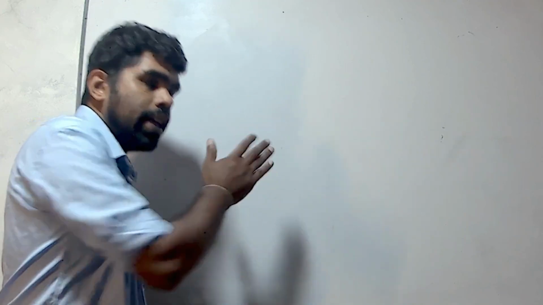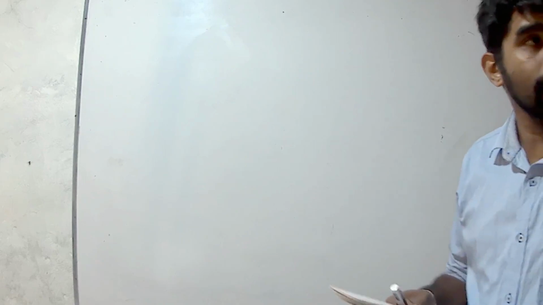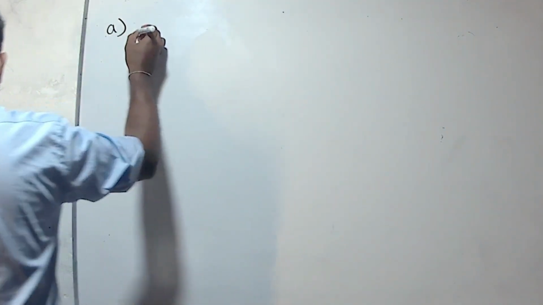Then the distance between the lens and the screen is equal to the focal length. It is the method we can use to find the approximate focal length. It is not a 100% correct value. Then we can write the answer for part A.